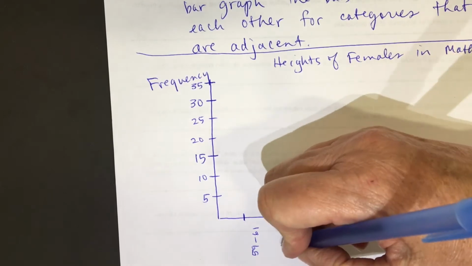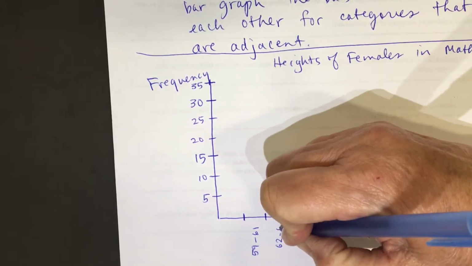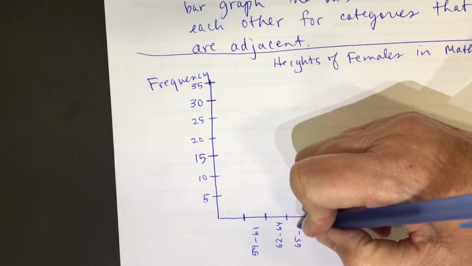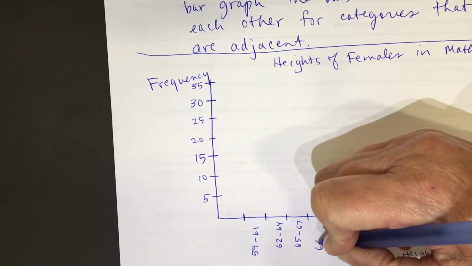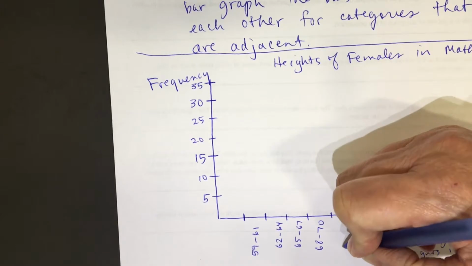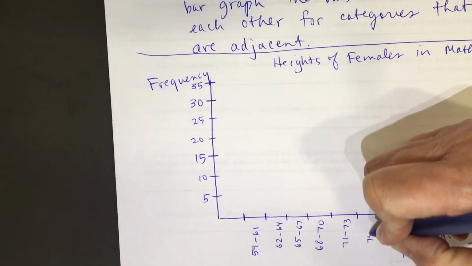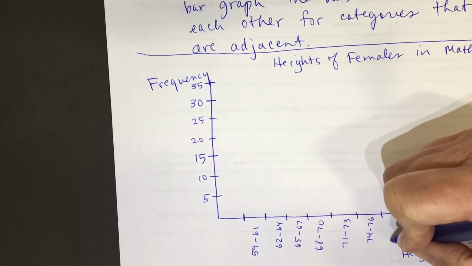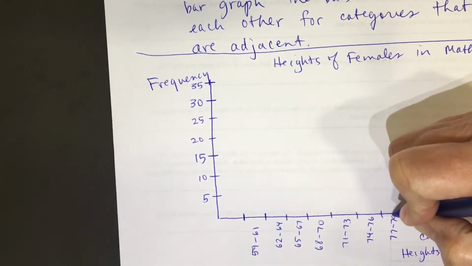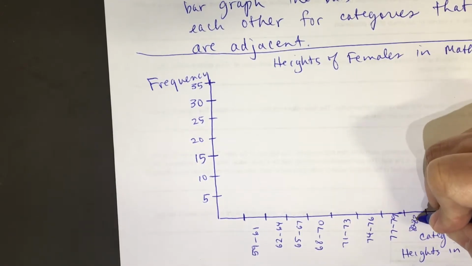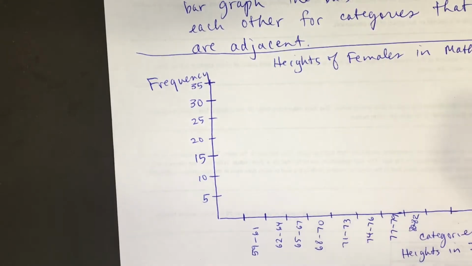We have 59 to 61, 62 to 64, 65 to 67, 68 to 70, 71 to 73, 74 to 76, 77 to 79, 80 to 82, and then I have 83 to 85.